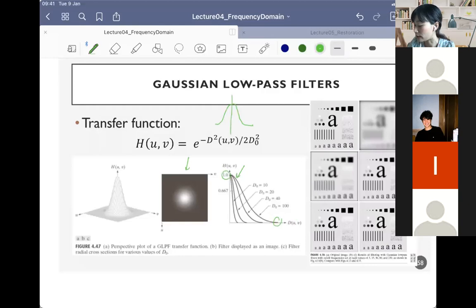And when we look at one side, we can identify the mean value and the variance, right? And the variance here is quite similar to how you look at D0. So when D0, the cutoff frequency, is larger, your bell, the Gaussian distribution, is wider.